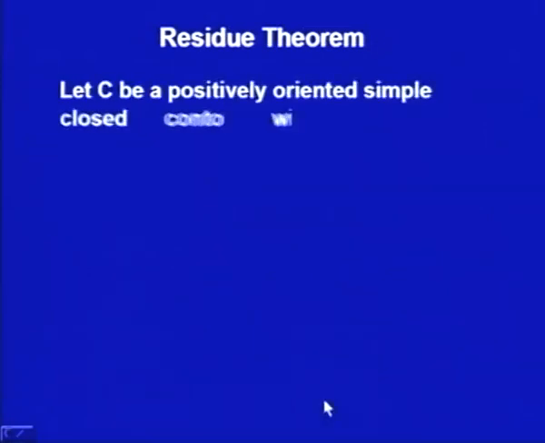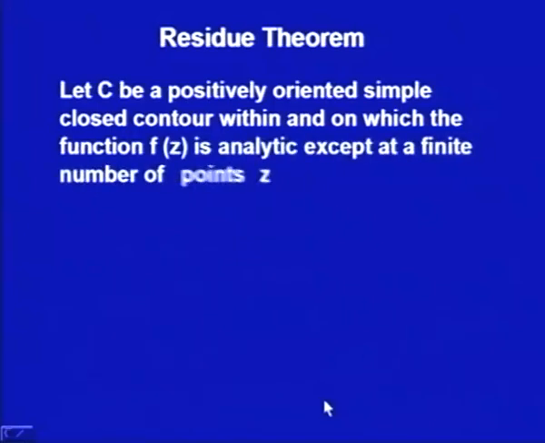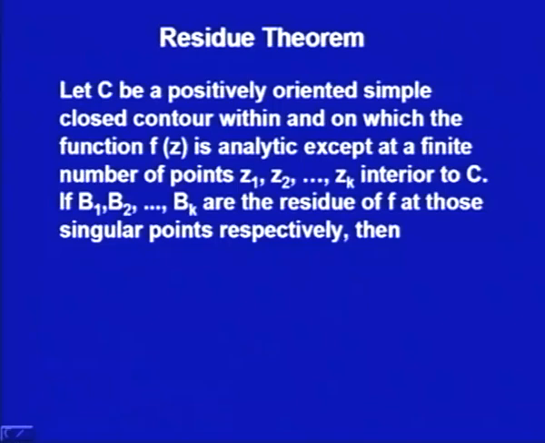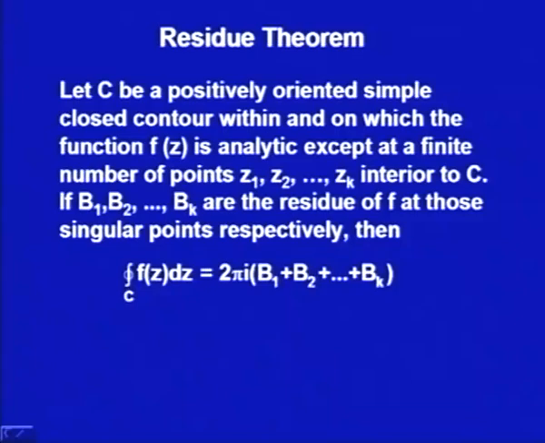Here comes the answer in the form of the residue theorem. Let C be a positively oriented simple closed contour within and on which the function f(z) is analytic except at a finite number of points z 1, z 2, up to z k interior to C, and if B 1, B 2 and B k are the residues of f at those isolated singular points respectively, then the integral of the function f(z) along this closed contour C is 2 pi i times (B 1 plus B 2 plus up to B k).